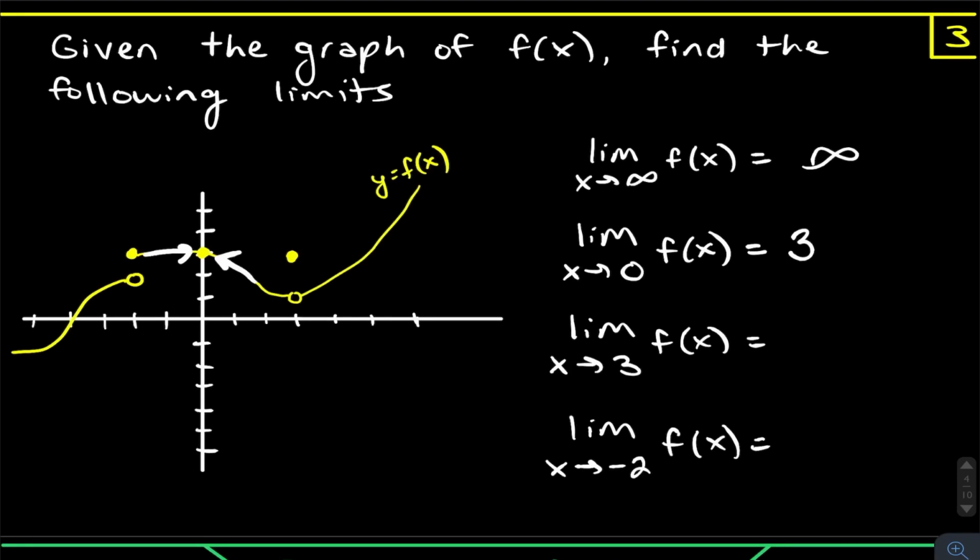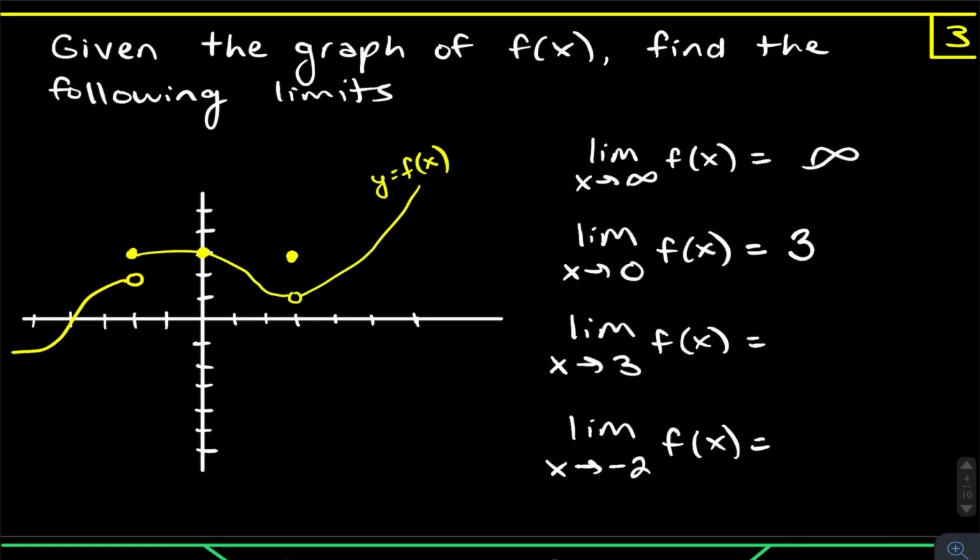Now what about as x approaches 3? Well, in that case, that's this open circle right here, right? We are getting closer and closer to what? Well, as we move along the curve in both directions, we are approaching y equals 1, right? It doesn't matter that there's an open circle there.